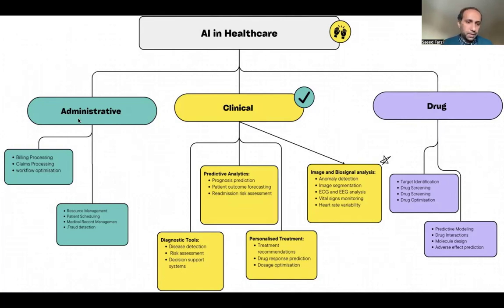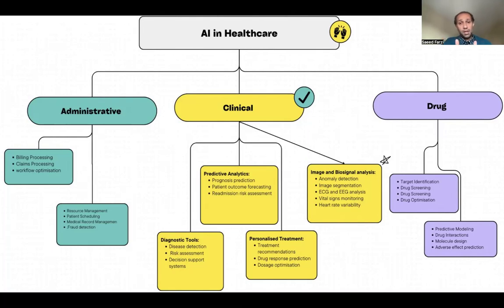The administrative area consists of lots of interesting projects like medical record management, patient scheduling, and workflow optimization. Very, very important. The majority of the data type and data modality here is tabular data and text data.